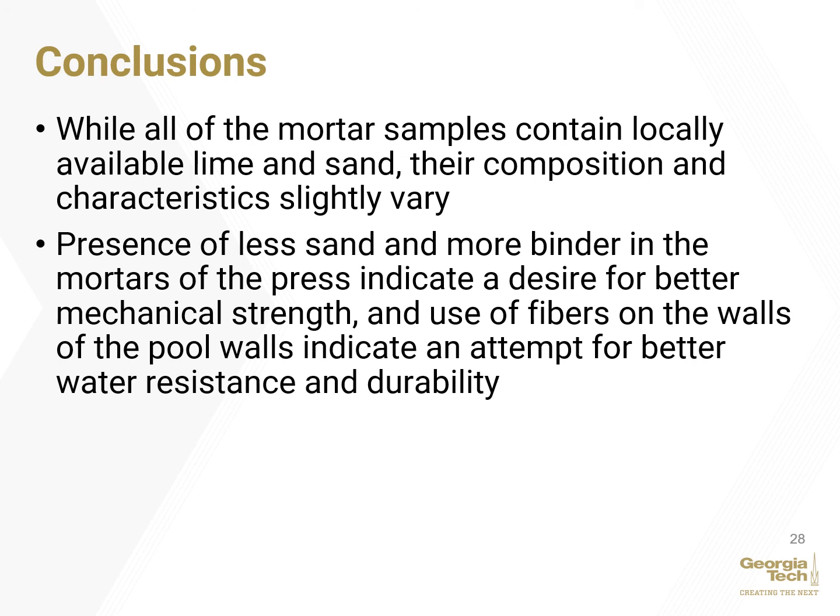While all of the mortar samples contain locally available lime and sand, their composition and characteristics slightly varied. Presence of less sand and more binder in the mortars of the press indicate a desire for better mechanical strength, and use of fibers indicate a desire to improve water resistance and durability.